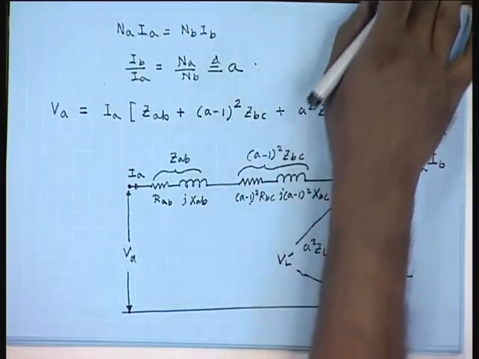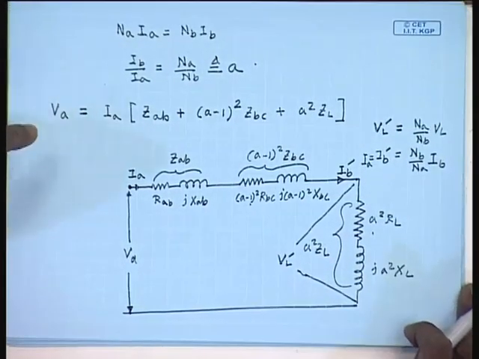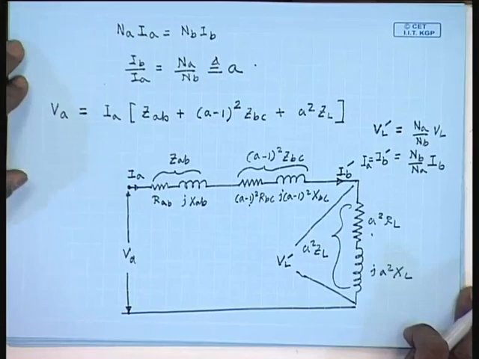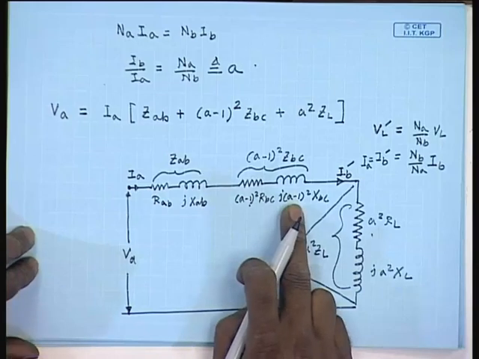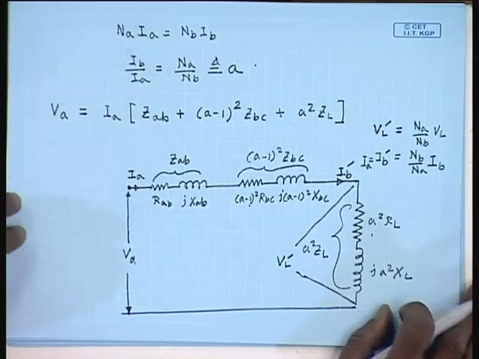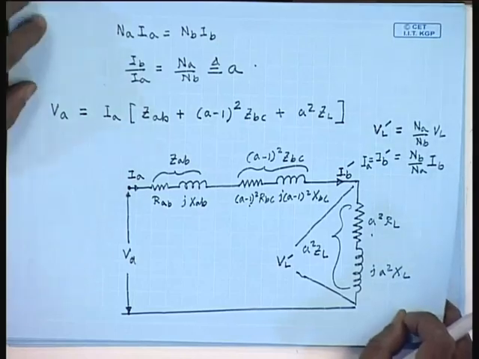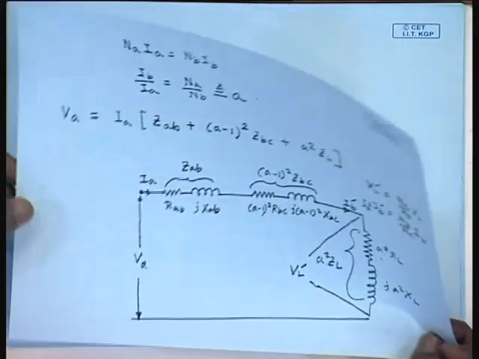Now, that tells that not only will an auto transformer have lower loss and lower copper volume, it will also have much lower leakage inductance or leakage reactance. Hence, the voltage regulation of an auto transformer will also be better compared to a two winding transformer.